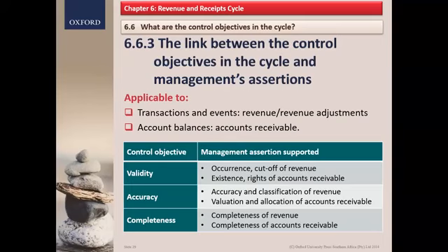With regards to accuracy, we're looking at whether the prices, the amounts, and the values are accurate, and whether the classification of revenue has been done properly. With regards to debtors, we're looking at valuation. Have we taken into cognizance those debtors that we are not sure whether they'll be paying or not?